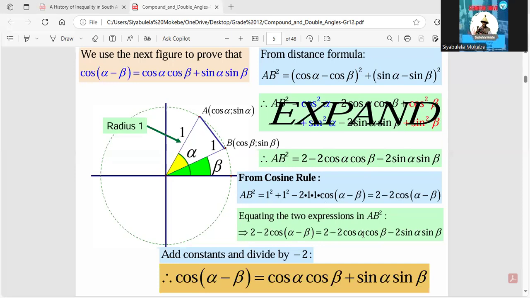And then if you equate those two expressions, and then you divide by the constant -2, then you're going to get this. So you can see that it's more or less the same as the one that I did in the previous video. And mind you, we are using the unit circle here. So because this is a unit circle, the radius is 1.